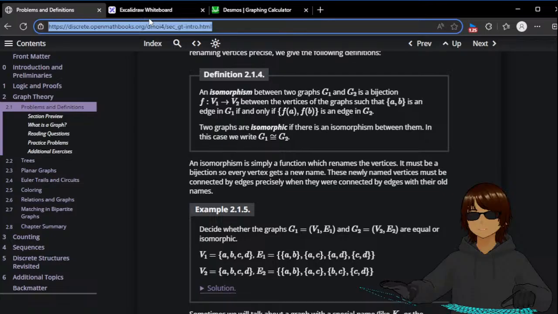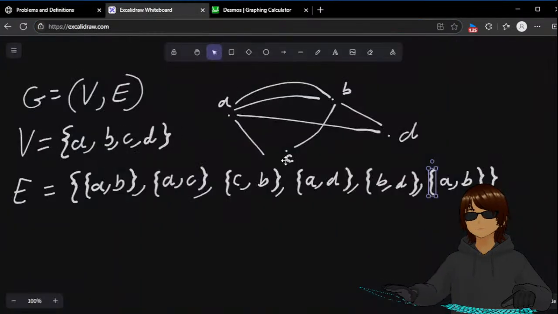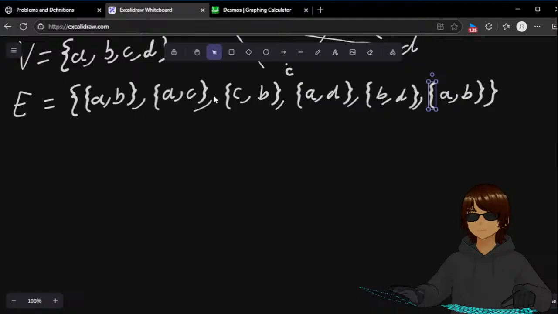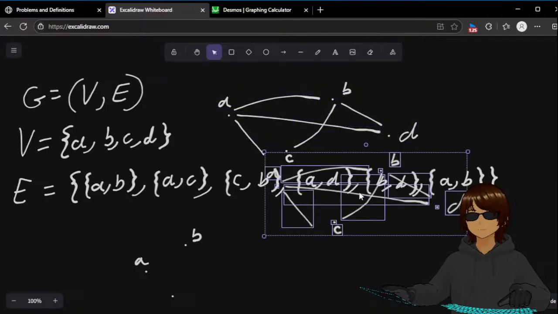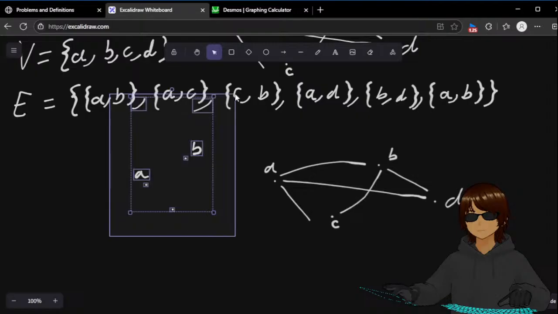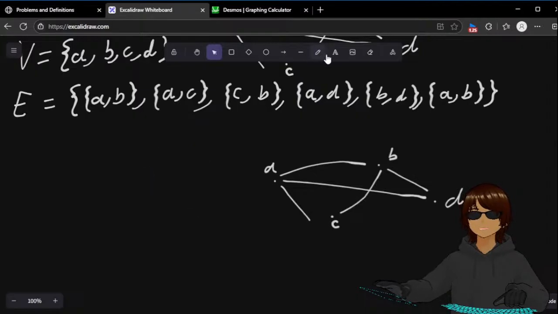Okay, so for what I understand, if you have a graph, any graph, like let's say A, B, like this one over here, and you have a completely different graph with different vertices, like let's say U, V, W, Z. An isomorphic graph is like you can have a function that goes from U to A and then creates this same graph.